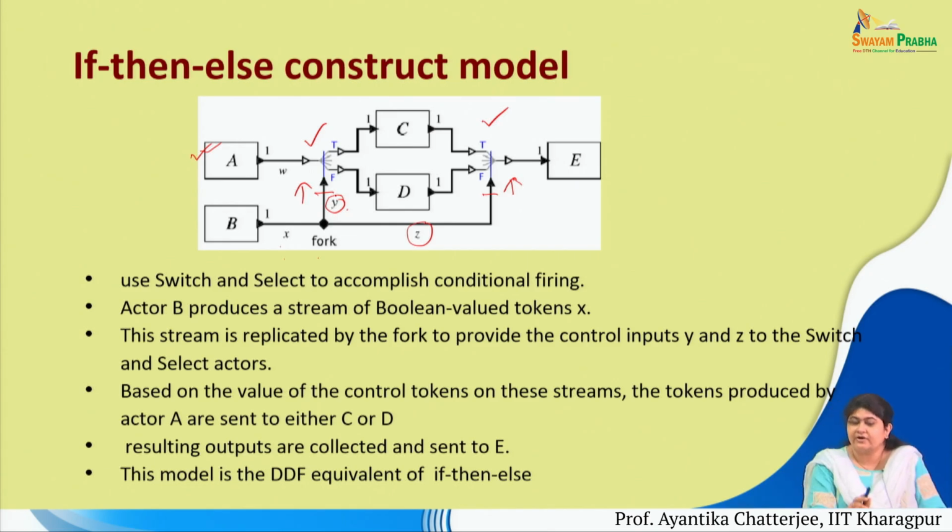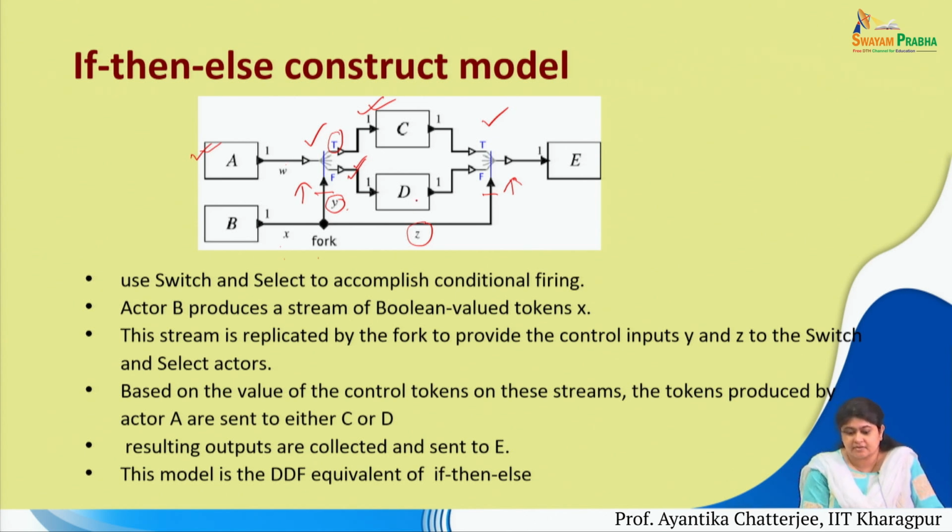If Y is giving some true value, this path is getting enabled, so this transition will be there and the value will pass to actor C. If Y is giving some false value, then this path will get enabled and this value from A will come to actor D.